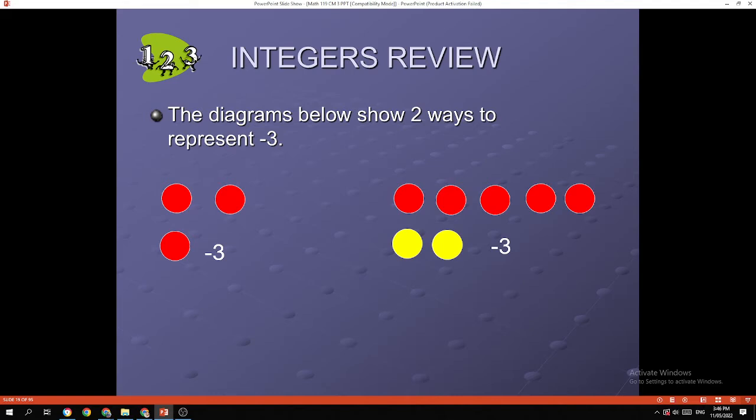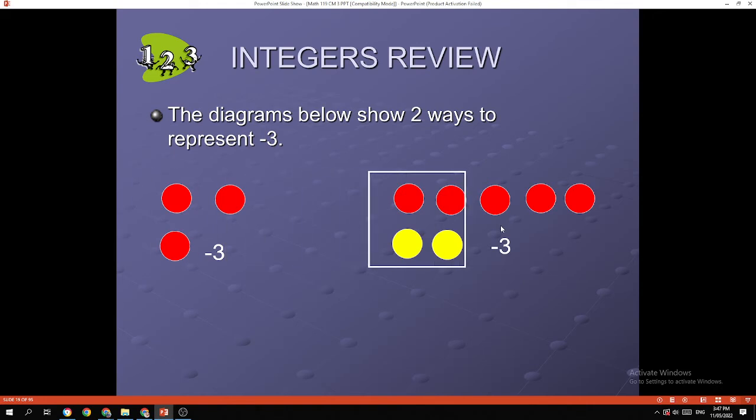What did I add? 2 positive. Okay. And what do you call that? Negative. Oh, that earlier, a zero pair. I added two zero pairs, right? So the two zero pairs, no matter how many zero pairs you put, it's still negative 3.